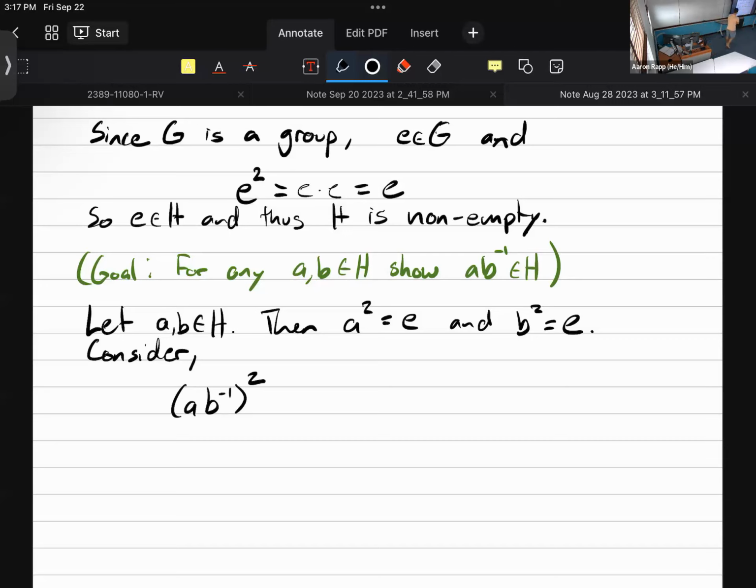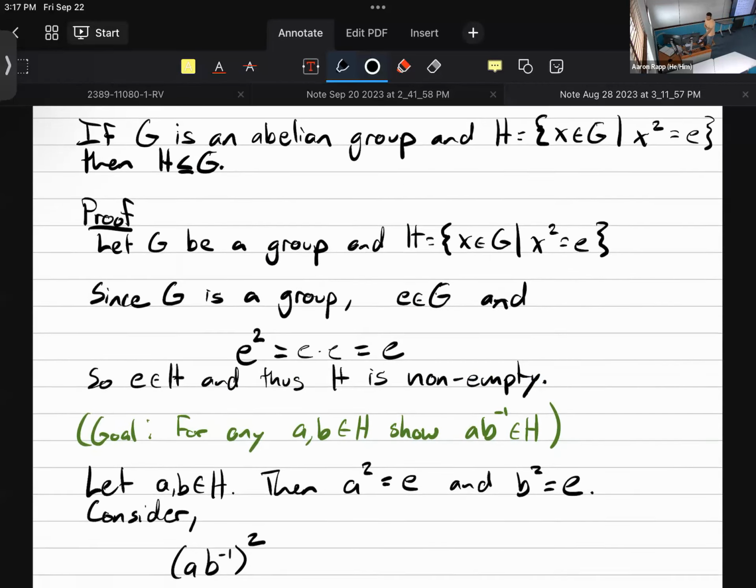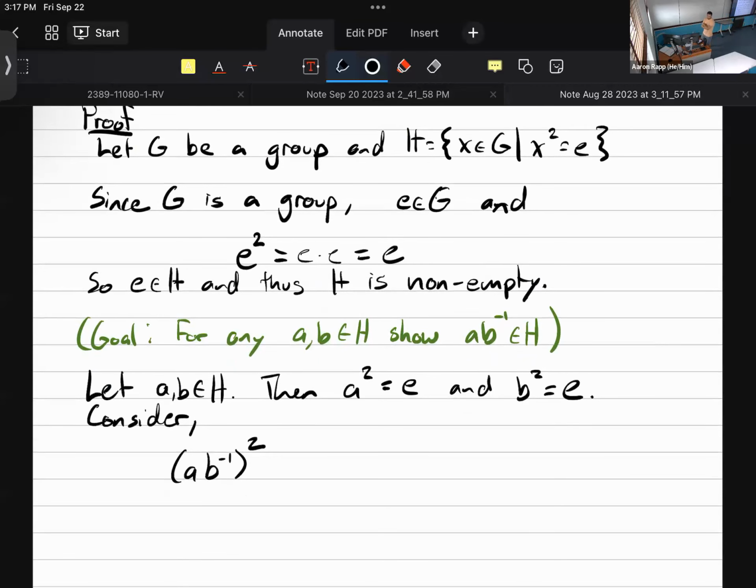Because for A times B inverse to be in H, A times B inverse quantity squared needs to be equal to the identity element. That's how we define the set H.